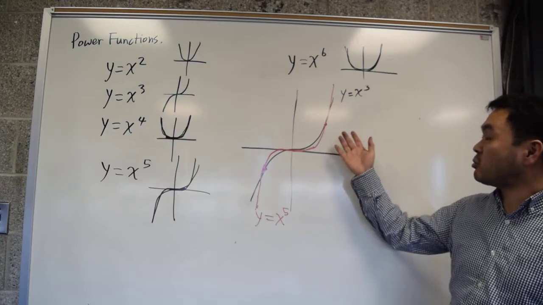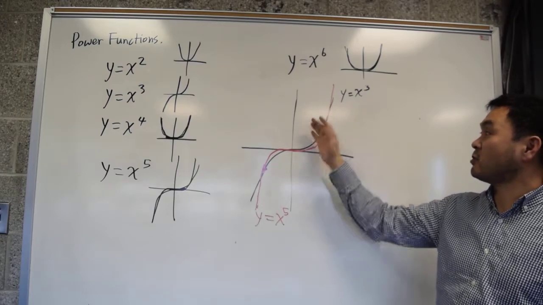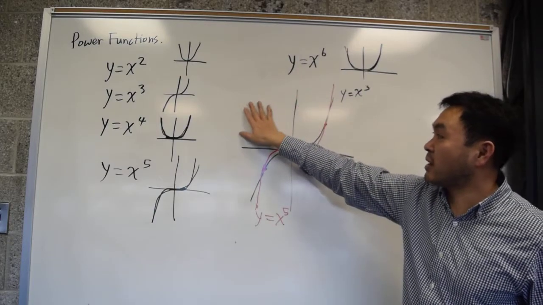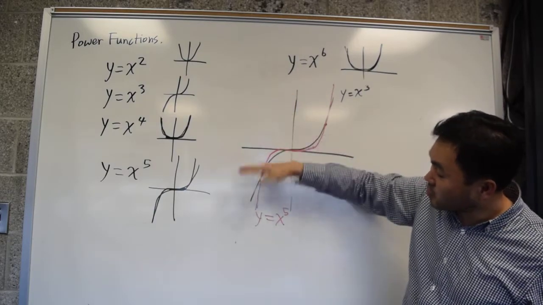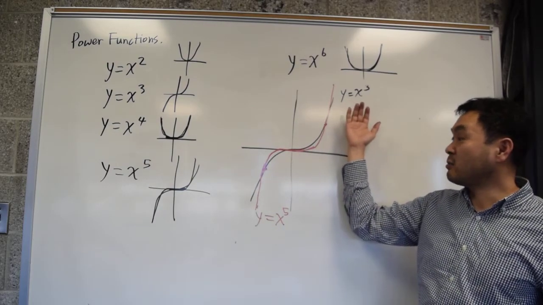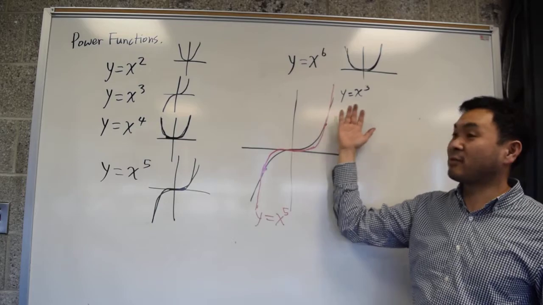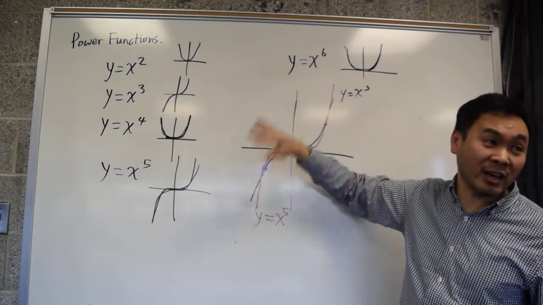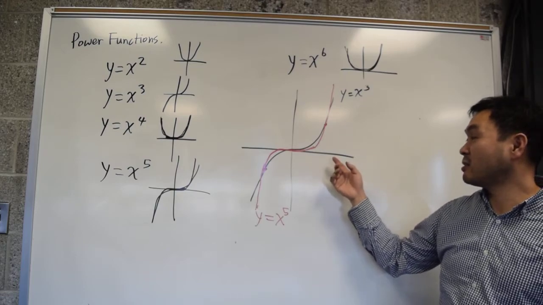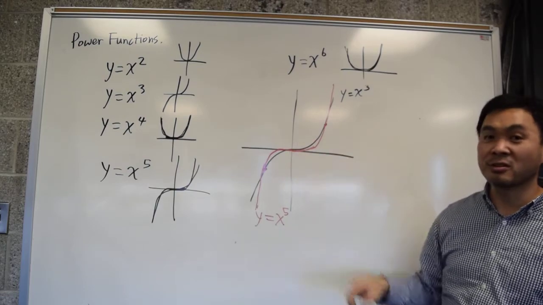And the symmetry that these functions have is that if you take this first quadrant graph and flip it to the left, and then flip it one more time over to the x. So if you reflect the graph over the y-axis and then the x-axis, which is the same thing as saying that the graph is reflected over the origin.